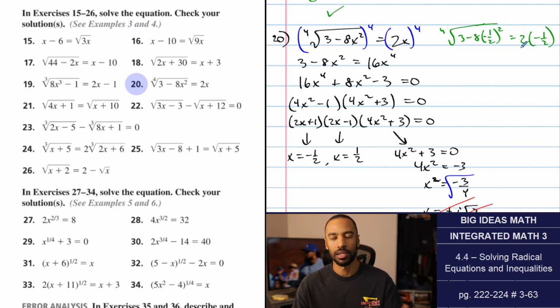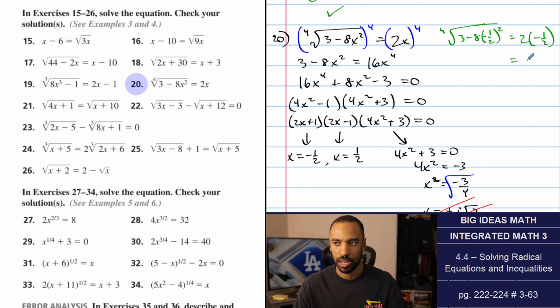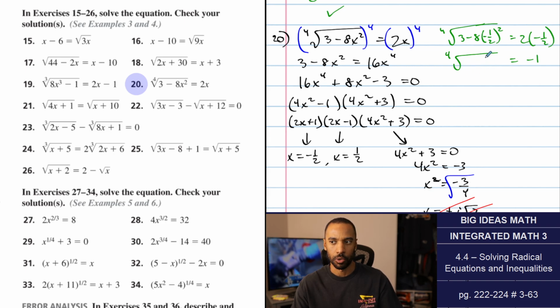And automatically, I'm raising concerns because 2 times negative 1/2 is negative 1. Even if this side becomes a 1, how am I going to get a negative out from taking a fourth root of a number? Don't say if it's negative, because that would be in imaginary cases. So this probably ain't going to work, right?